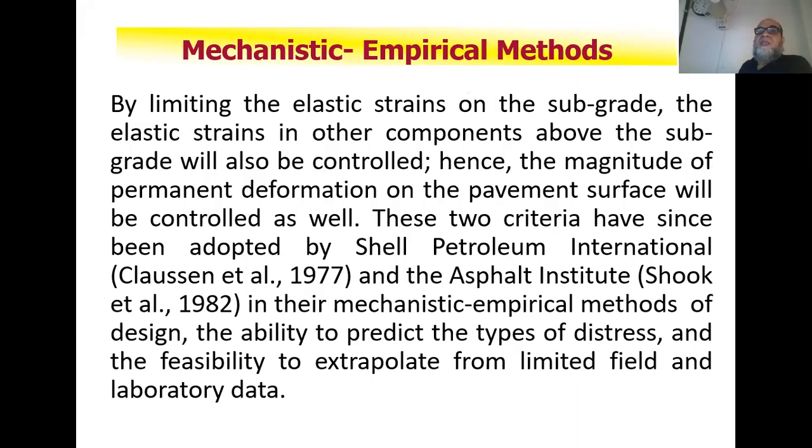How it works is that we limit the elastic strain in the subgrade and the elastic strain in other components above the subgrade. Hence, the magnitude of the permanent deformation on the pavement surface will also be controlled. These procedures are being incorporated by the Shell method and the Asphalt Institute method. This is why we call this the mechanistic empirical method.